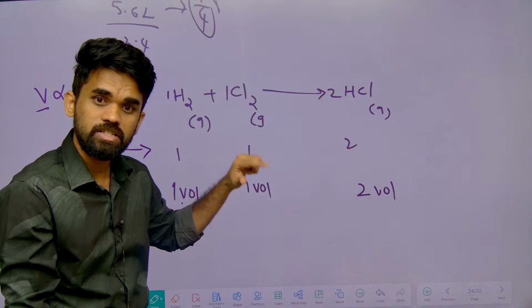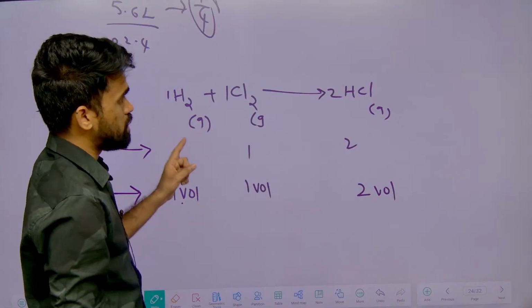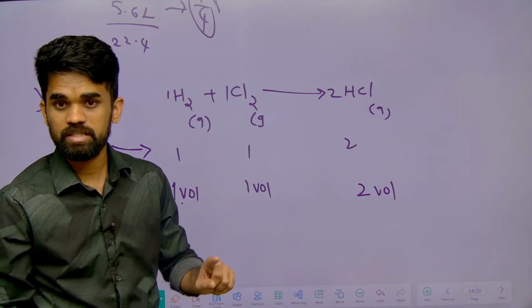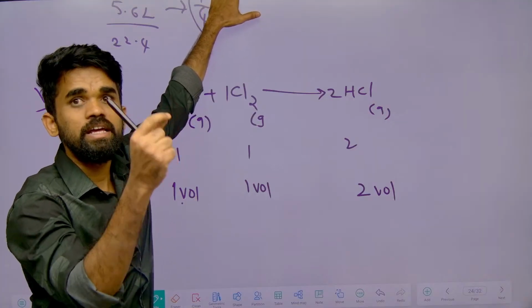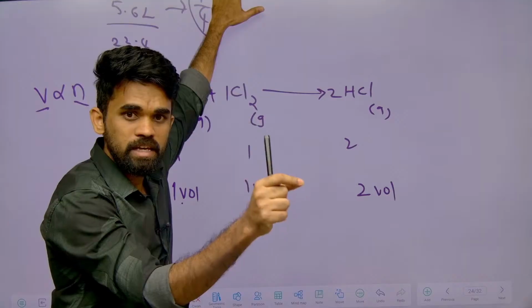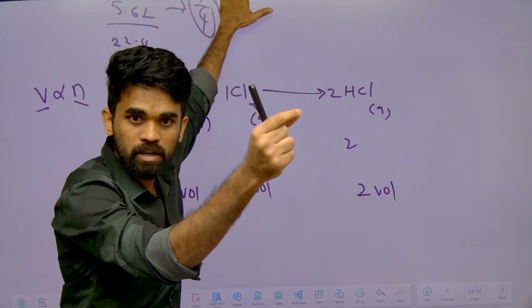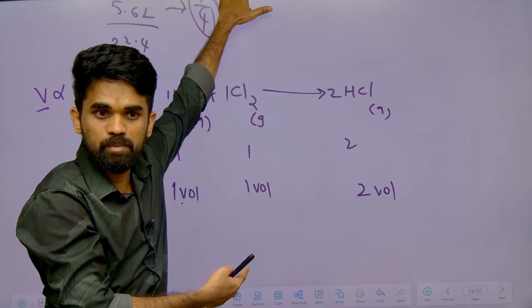Conditions: constant temperature and pressure. Now this is applicable only for gases, because in Avogadro's law, which we discussed, at constant temperature and pressure, equal volumes of any gas contain equal number of molecules, I told you. That is gas only. So this law is also applicable for gases.